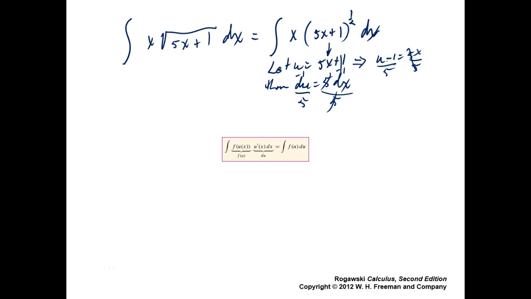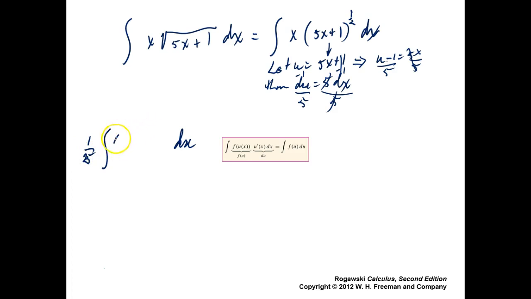So let's put all our pieces together now. We have an integral. We have a 1/5 out front from the du. That dx is 1/5 du, so that's going to make it a du there with the 1/5 out front. We have another 1/5 out front from the x is u minus 1 over 5, so let's make that a 25 out front.